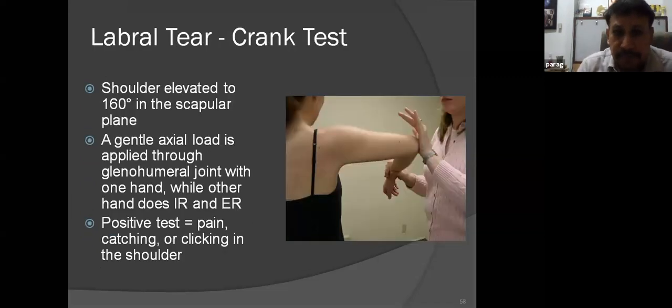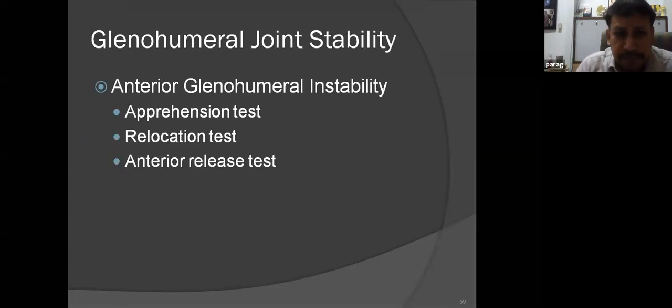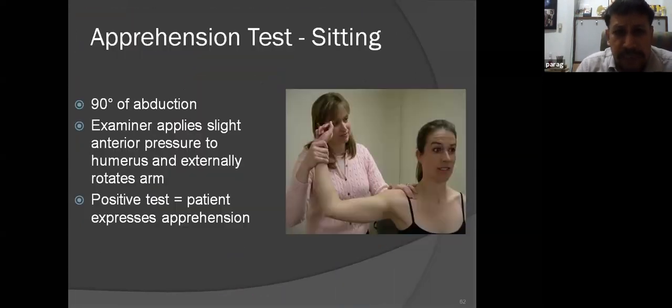This is another test for superior labral tear, where you do external and internal rotation, but you compress on the elbow, so it actually compresses the labrum. Again, if positive, it can give you an idea that there is some pathology in the superior labrum. Sometimes there is catching, clicking, etc. We've already gone through this.